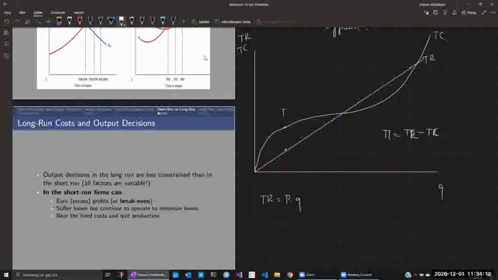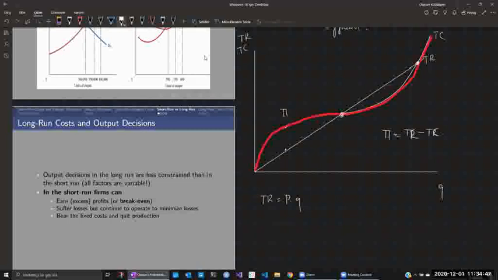Is it positive or is it negative? It is negative, right? Because total cost here is higher, or maybe let me try to draw it with a different pen. Okay, so here it is negative, and in this region it is positive. At these points, what is profit? It is 0, right?